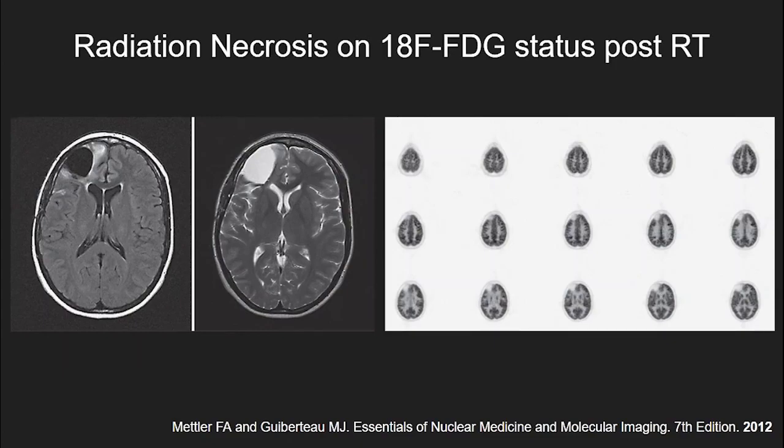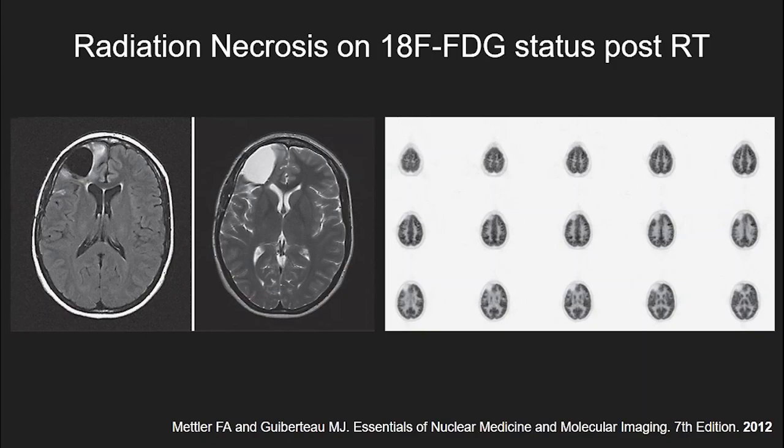This is another example of using FDG PET-CT to determine radiation necrosis versus recurrence status post-radiation therapy. In this case, after therapy, there's a large cystic area with residual T2/FLAIR changes in the parenchyma surrounding the cyst.